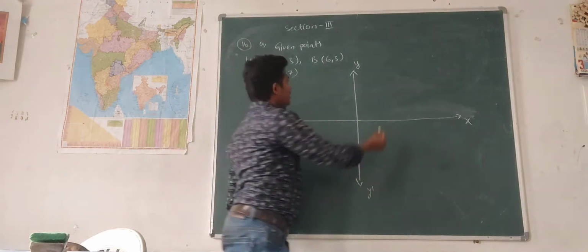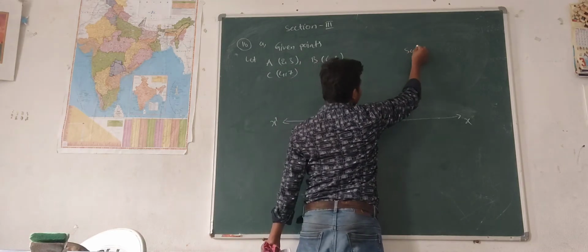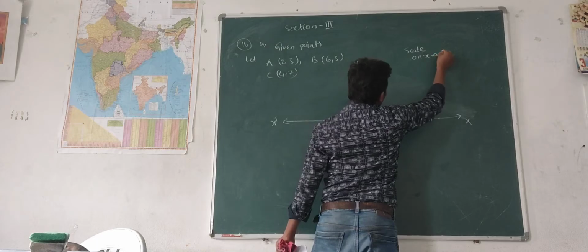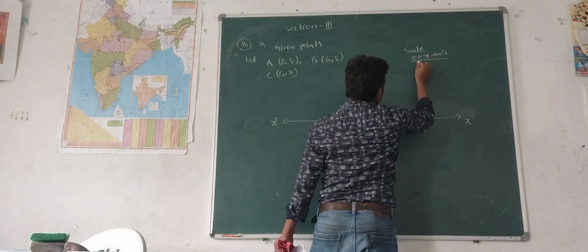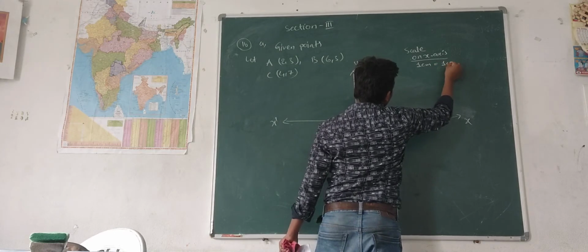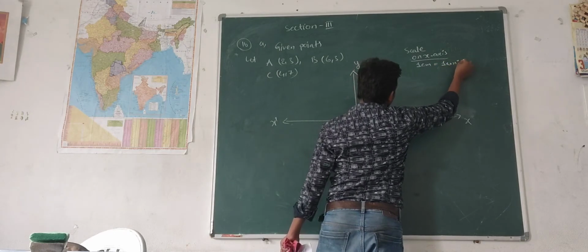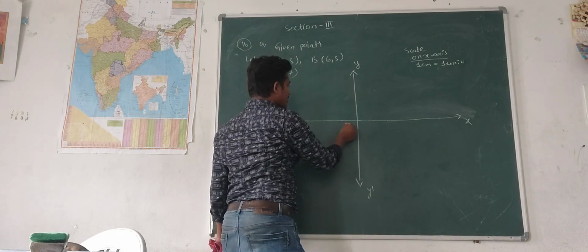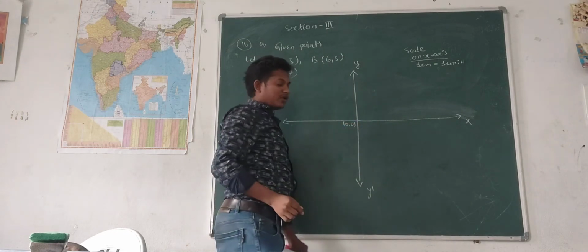So I am taking a scale on the x axis: 1 centimeter equals 1 unit.